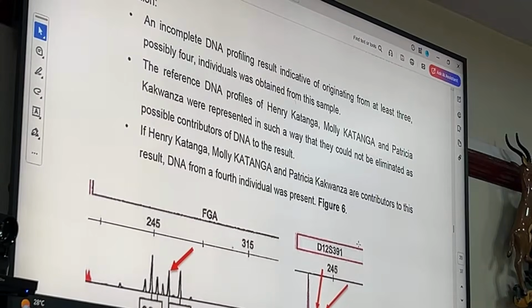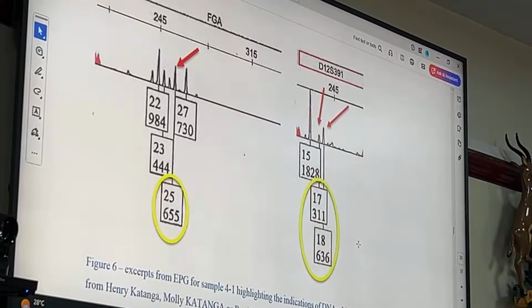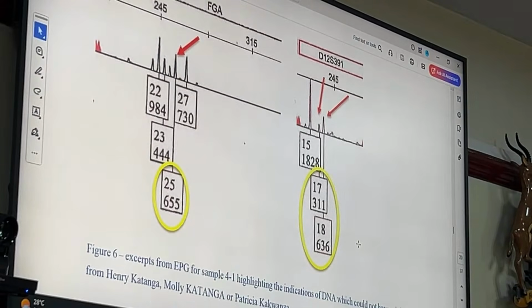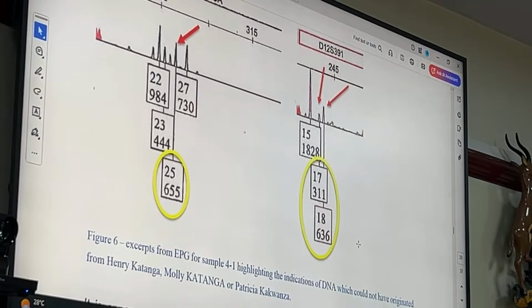On reviewing the DNA profile, if they are all contributors, then as page 20 of my statement indicates, there are clear indications of DNA from a further individual. Therefore, the statistical evaluation assuming 3 contributors is not a reflection of the actual result. The statistical calculation carried out is misleading and needs to be redone.